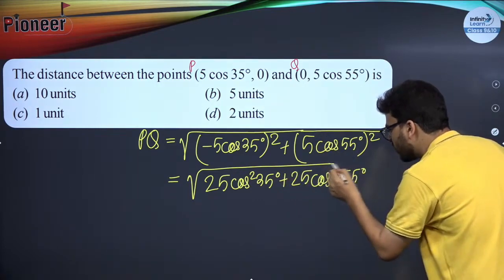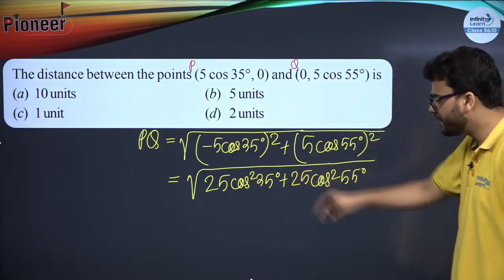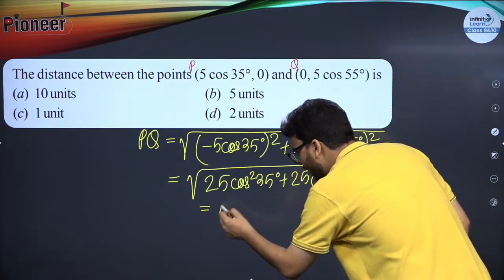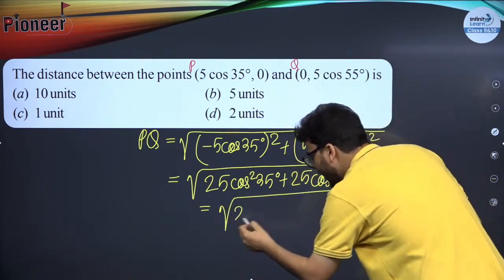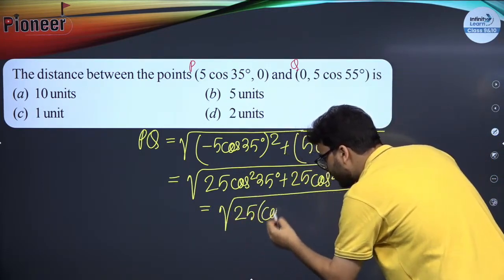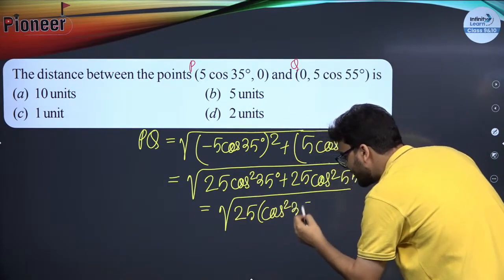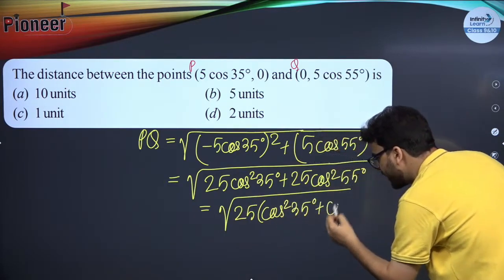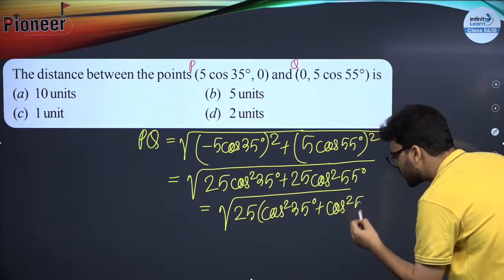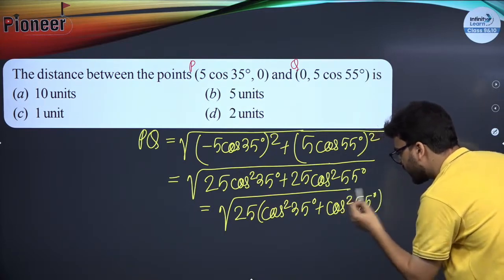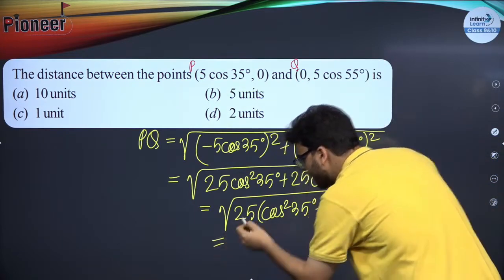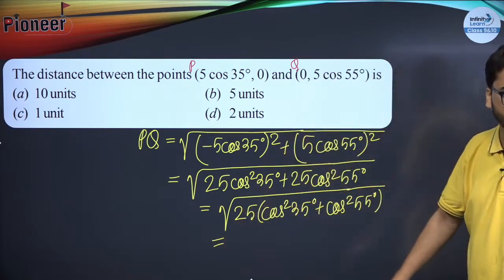Now I can take 25 as common over here, so that will be square root of 25 and you will be left with cos square 35 degrees plus cos square 55 degrees. Now basically I can take 5 as common, that everybody can understand.